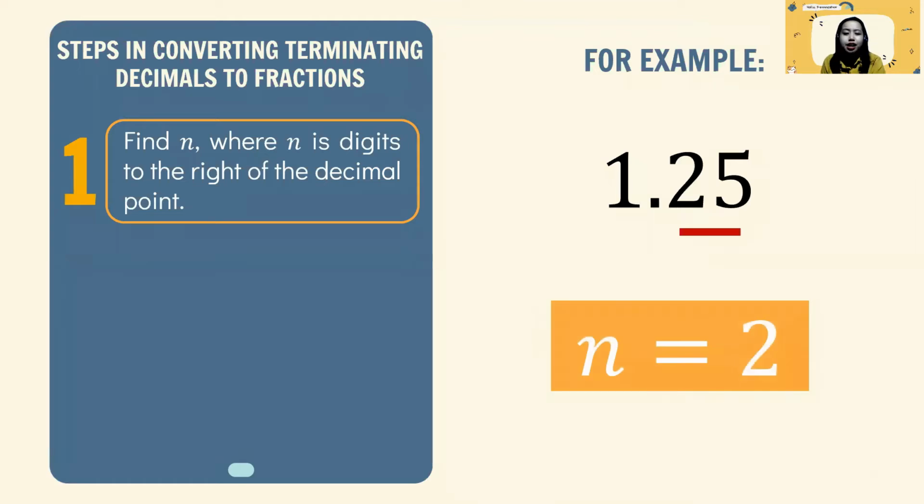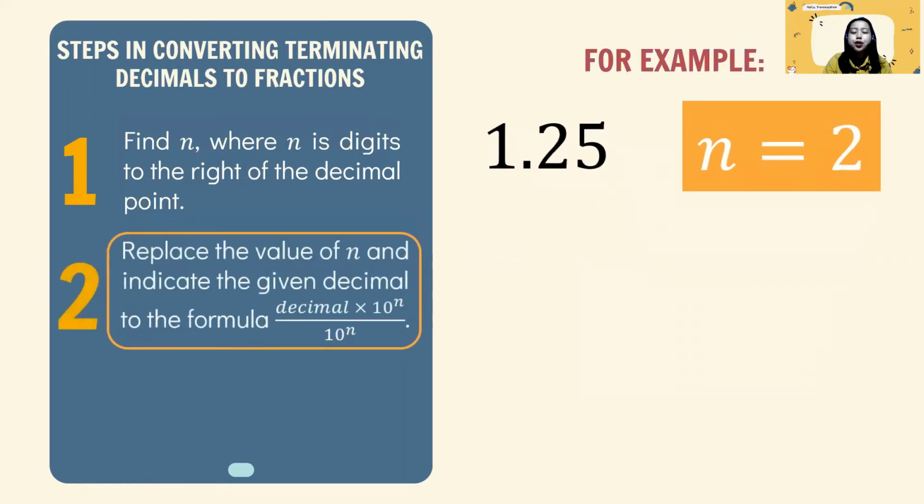Our n here will be 2, since there are two digits to the right of the decimal point. For the next step, replace the value of n and indicate the given decimal in the formula: decimal times 10 raised to n all over 10 raised to n.